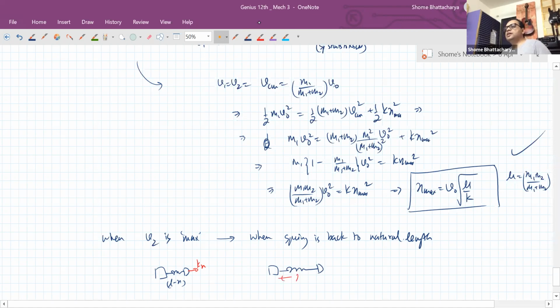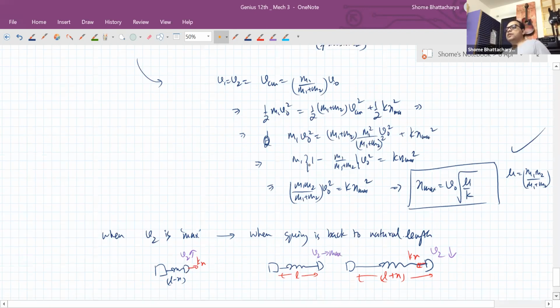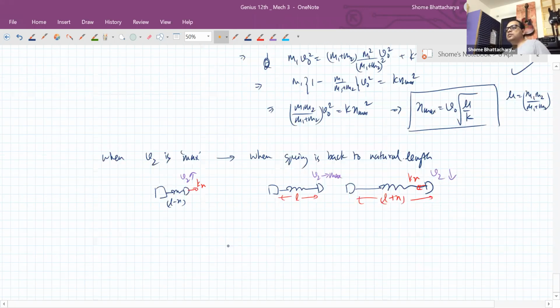So when it's at natural length, there's nothing happening. But next moment, the spring has actually extended. So the moment the spring is extended, it's now pulling back the block. So at this point of time, V2 starts decreasing, whereas before this V2 was increasing. So at this instant, V2 has reached maximum value. You can see that the second block's speed reaches the maximum value when the spring is back to natural length. That is when it's like a perfectly elastic collision has completed between M1 and M2.